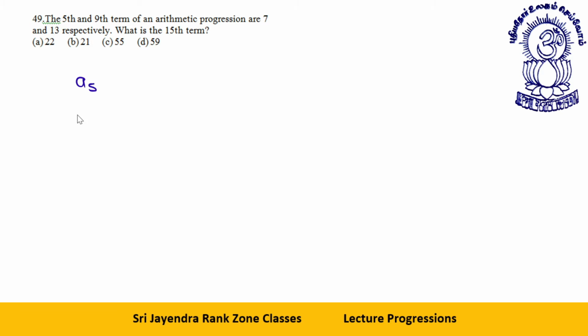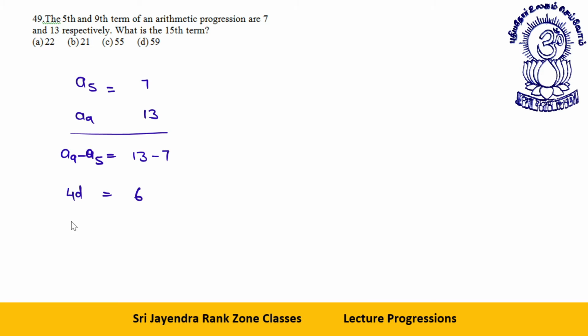Fifth and ninth term of an arithmetic progression are 7 and 13. What is the 15th term? You need A15. See, dear students, what I will directly say without even doing anything: A9 minus A5 will be 13 minus 7. That is 4D is equal to 6.